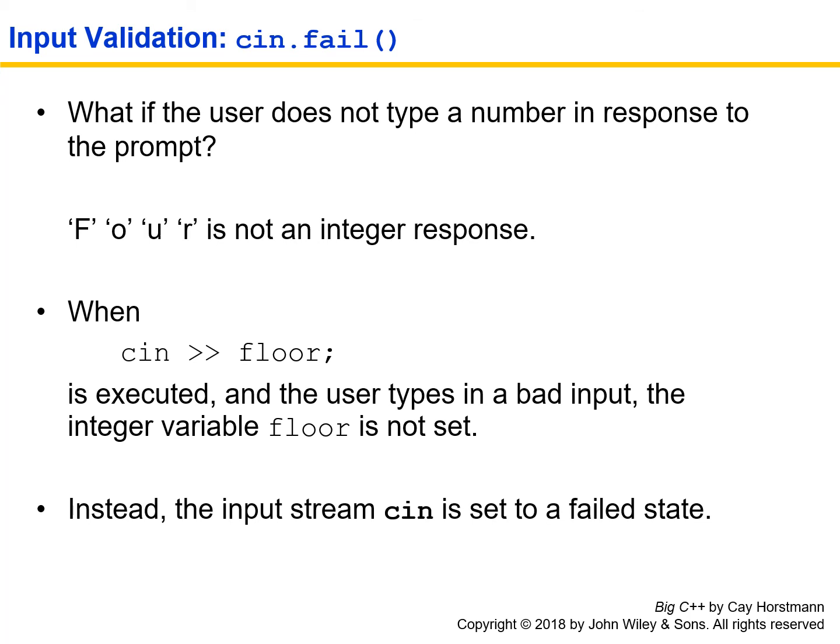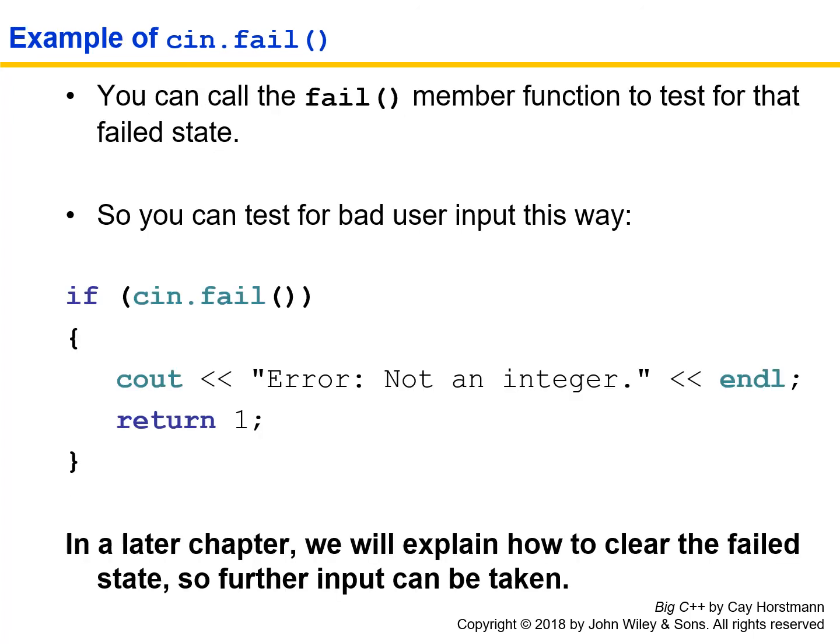But what if the user doesn't type a number at all? Okay, if they type FOUR, cin cannot find an integer in FOUR to assign to floor, so it doesn't set a value for floor, and instead it sets itself to a failed state. And the way you test for that is you call if cin.fail.